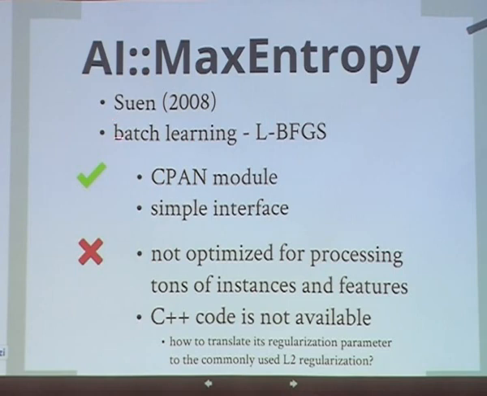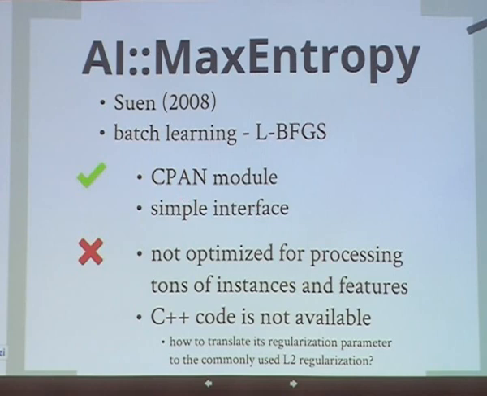Inside this module is batch learning with the optimization method L-BFGS. Don't ask me what it means. It's limited memory, and BFGS are acronyms for the surnames of the inventors, I think. It's batch learning, so you have to have all the data available when you want to train the model.